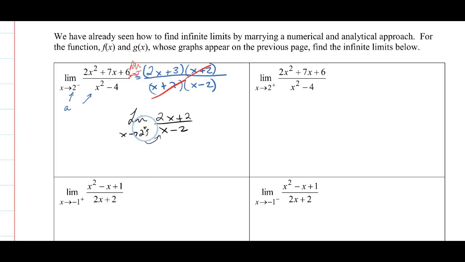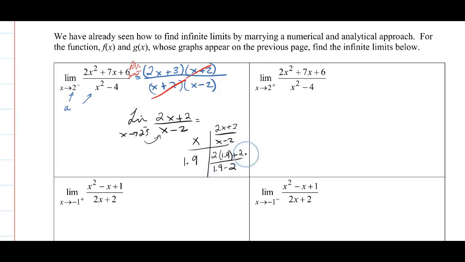So as I approach from the left, that is from a slightly lesser value of 2, I will evaluate this for x equals 1.9. This gives me 2 times 1.9 plus 3 over 1.9 minus 2.